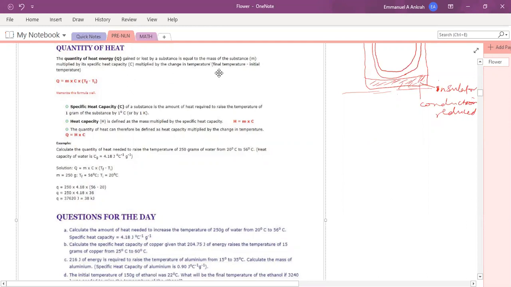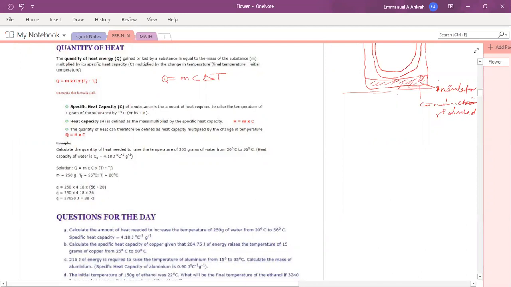The change in temperature is the final temperature minus the initial temperature. So mathematically, Q is equal to MC delta T, where delta T means change in temperature.